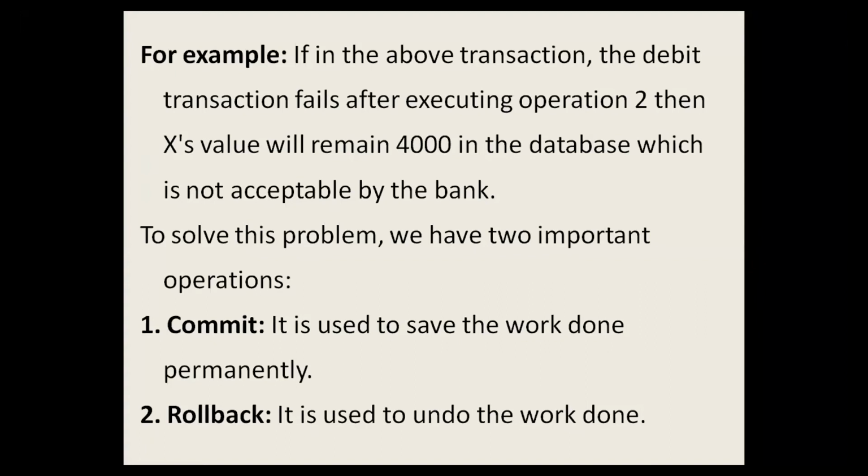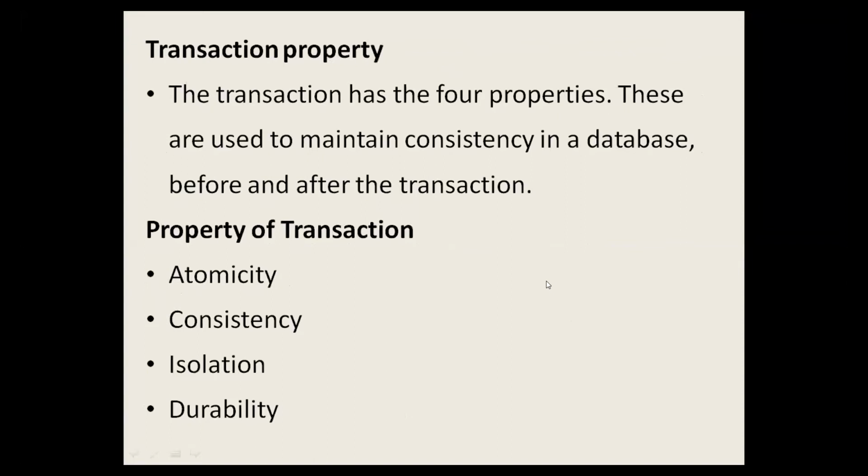So now who is going to take responsibility for that? To solve this problem, we have two operations: one is your commit, the other is your rollback. As I told you, commit is used to save the work that is done by you, and rollback is used to undo the work that you have done.